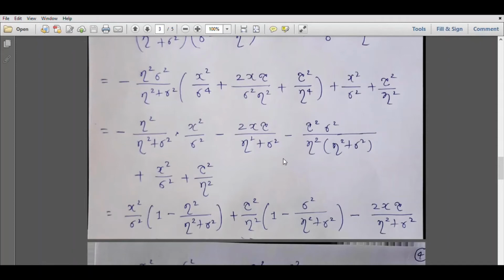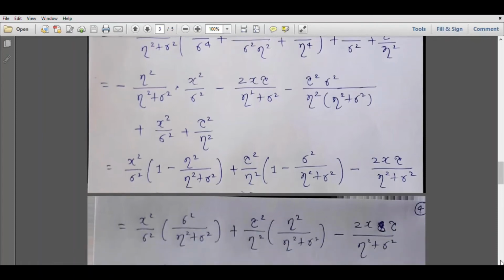And now what remains is this term, which is minus 2x tau upon tau square plus sigma square. So now notice that if you simplify this, you will get simply sigma square upon eta square plus sigma square. Similarly, for the second term, tau square upon eta square into eta square upon eta square plus sigma square, and this term will remain as it is.